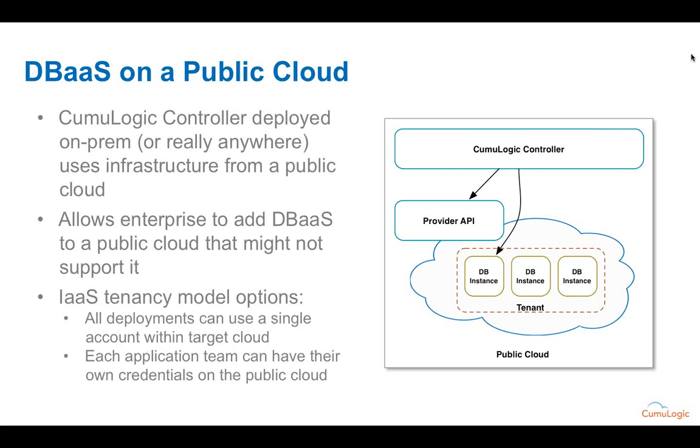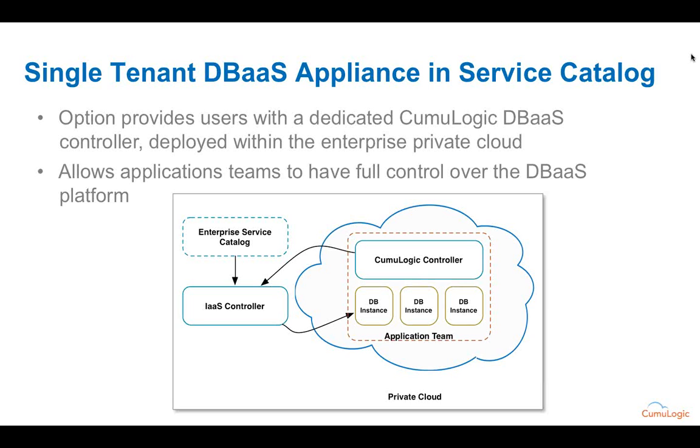Next up, we've got single tenant database as a service appliance sitting in a service catalog. A lot of companies today, they're going through the process of looking at the problem of IT as a service just in a very general sense. And they're not necessarily saying, hey, we're going to be infrastructure as a service focused. What we're actually doing is we're saying these are capabilities we want to offer, and these capabilities are sort of bundled IT solutions.